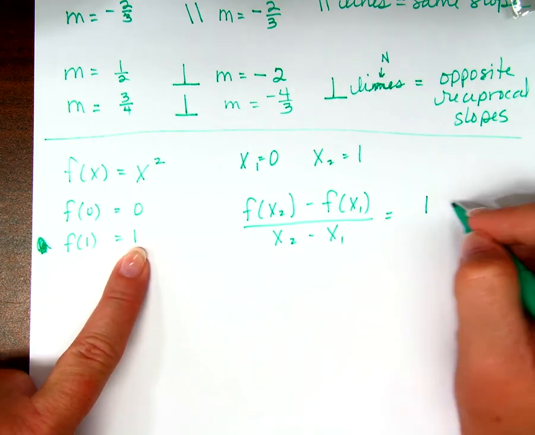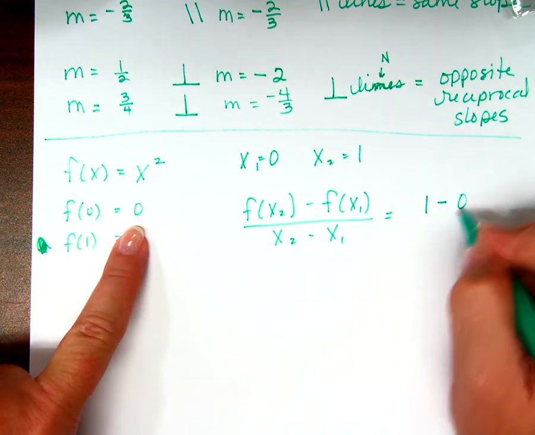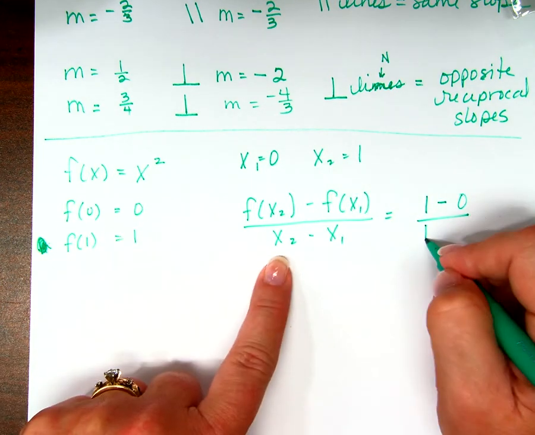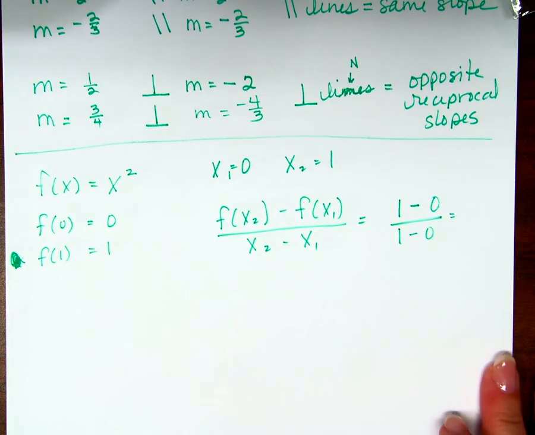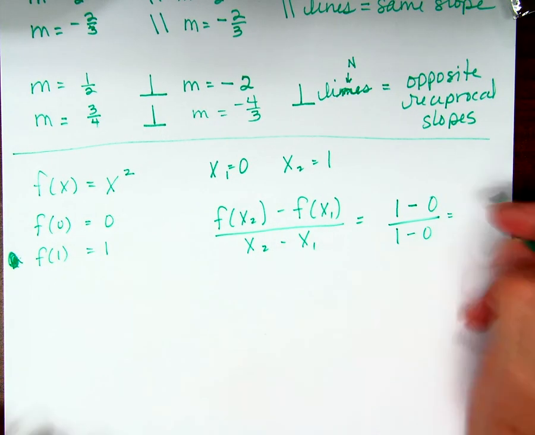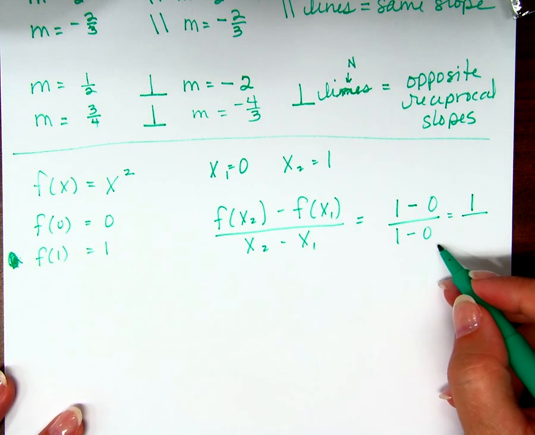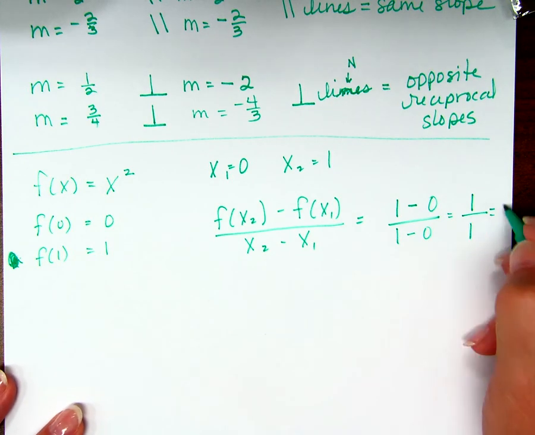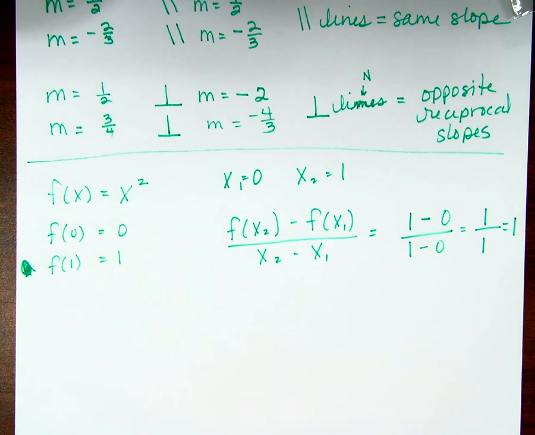So that would be 1 minus the value of the function at 0, which is 0, over 1 minus 0. Does anyone know what 1 minus 0 is? Yeah, that took entirely too long. What about 1 minus 0? Okay, excellent. That was nice and fast. So 1 divided by 1 is 1.